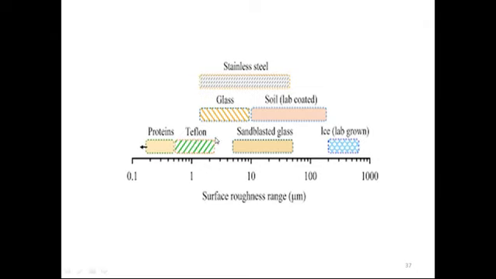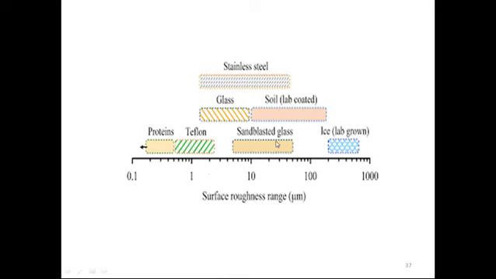If you observe this Teflon material, its surface roughness can fall under 0.1 to 10, or we can say a little bit less than 1 micrometer and greater than 1 micrometer. We can say that between 0.1 and 10 micrometer, the Teflon surface roughness can fall.